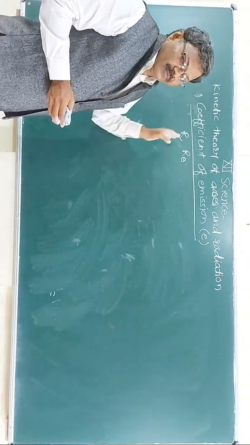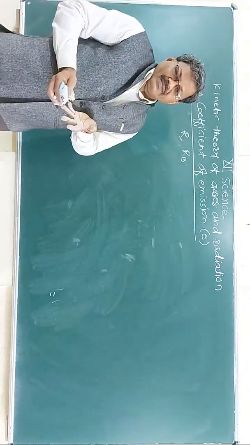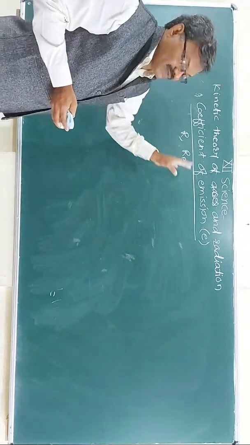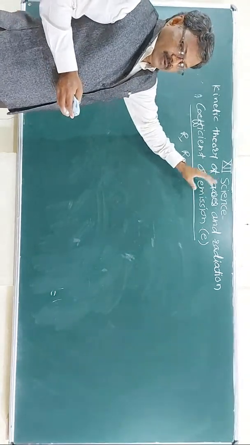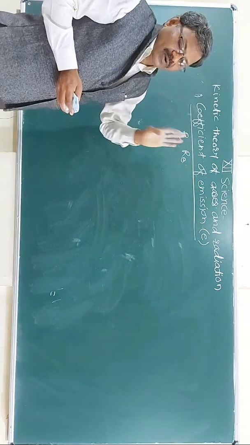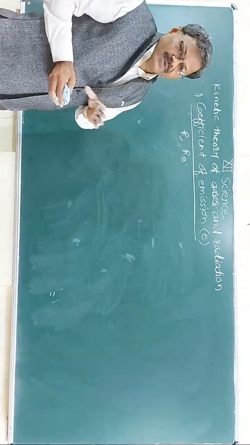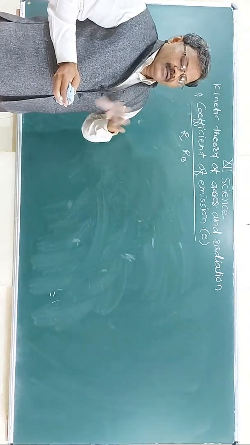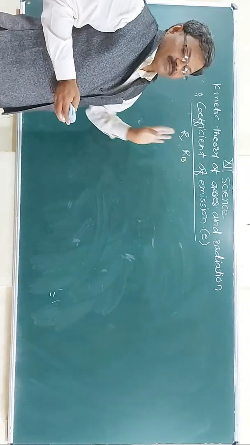Now we are comparing the emissive powers of different bodies. Generally the emissive power of a perfect black body is maximum, and we compare any emissive power with that of the perfect black body.